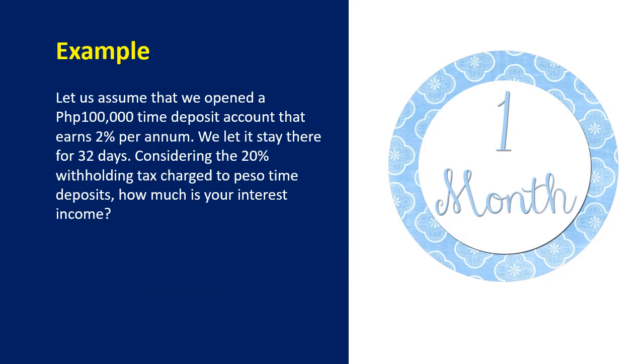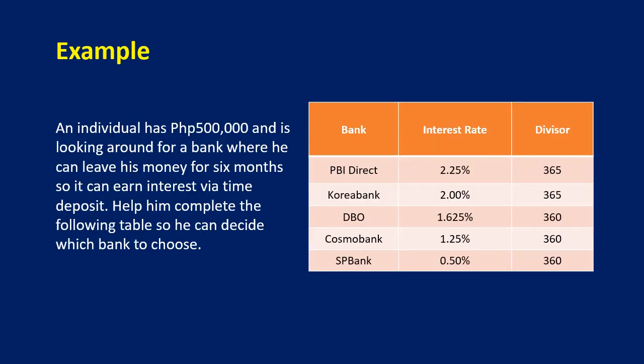Hence, you will only get 140 pesos and 27 centavos. See, it's very small, right? You invested 100,000, yet after a month, you only get 140 pesos and 27 centavos. All right? Okay, next problem.